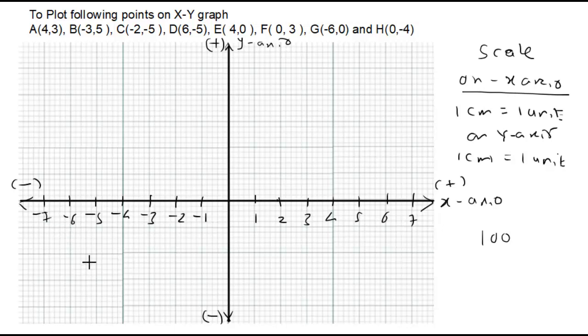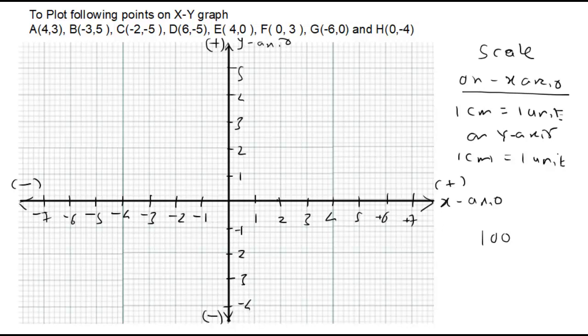Due to space restriction, we can accommodate negative 7 on the left hand side and positive 7 on the right hand side. Similarly on the vertical axis, this is positive 1, positive 2, positive 3, positive 4, positive 5. Here negative 1, negative 2, negative 3, negative 4.